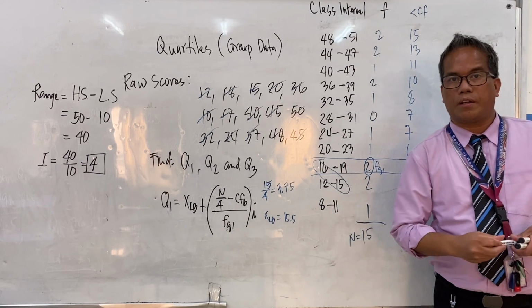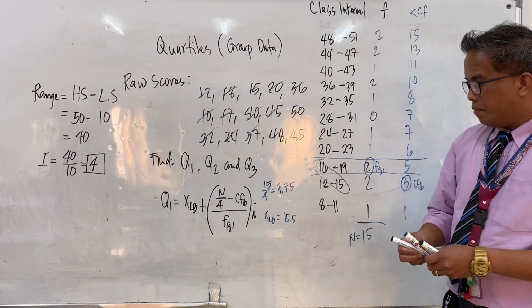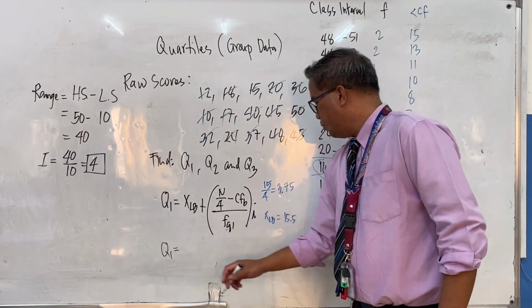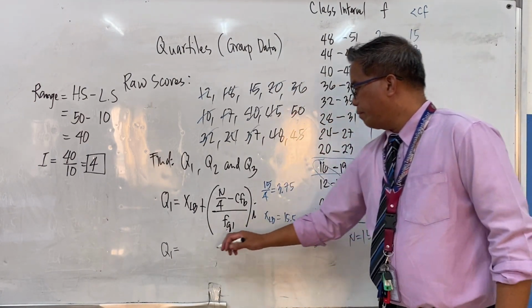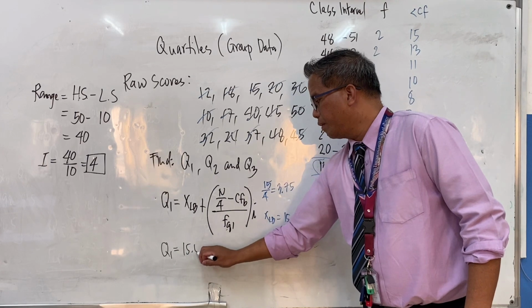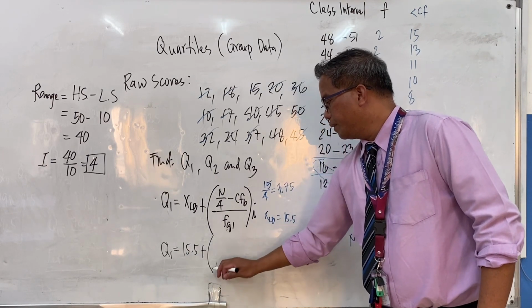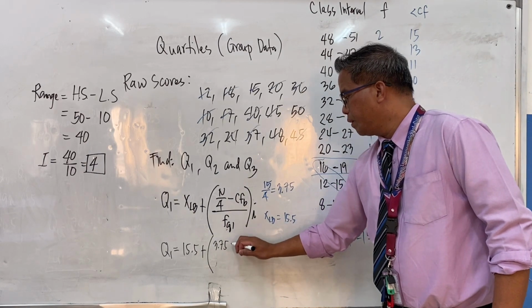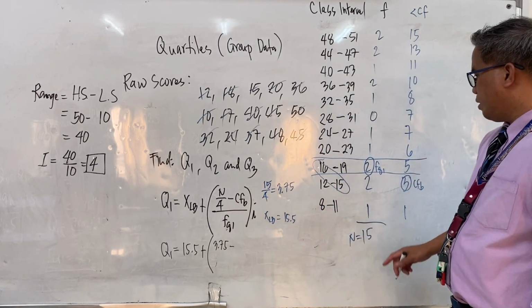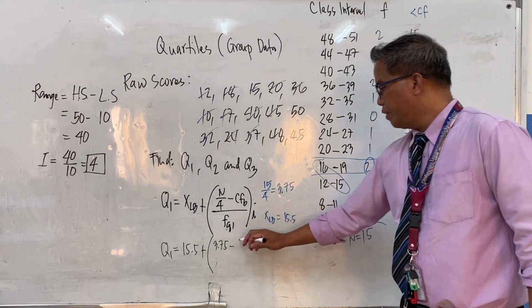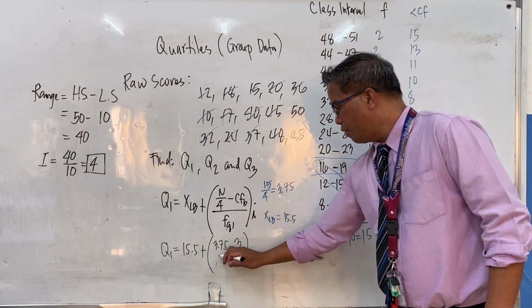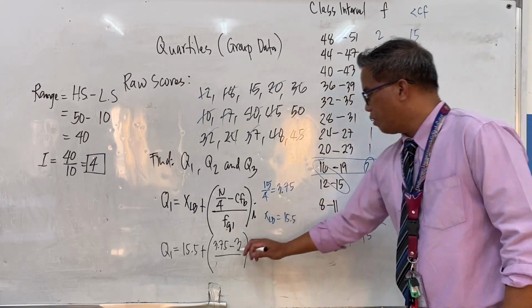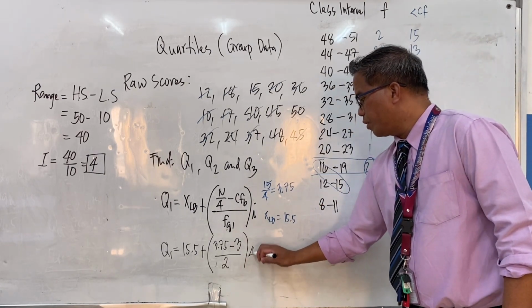So by substitution we have Q1 is equals to 15.5 plus 3.75 minus 3, then all over 2 times 4.